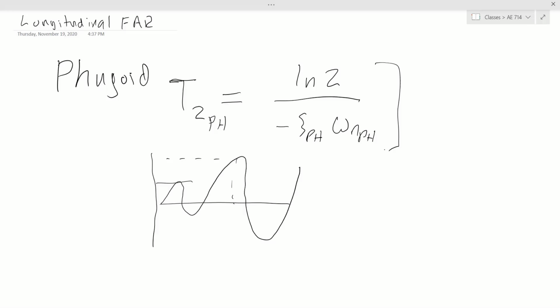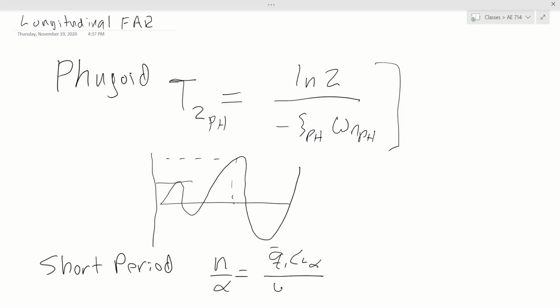And then the short period n over alpha, the formula is this.